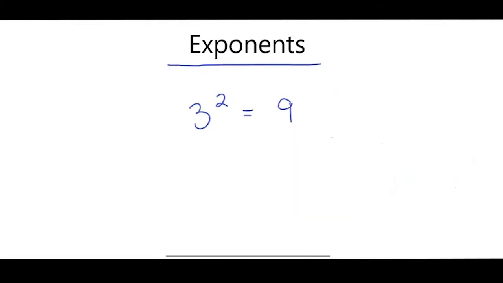So there are parts of this that we need to know what they are. There are special terms to describe each part of 3 to the second power equals 9. The 3 is called the base. The actual exponent that we're talking about is this little number up here, and that is called the exponent.